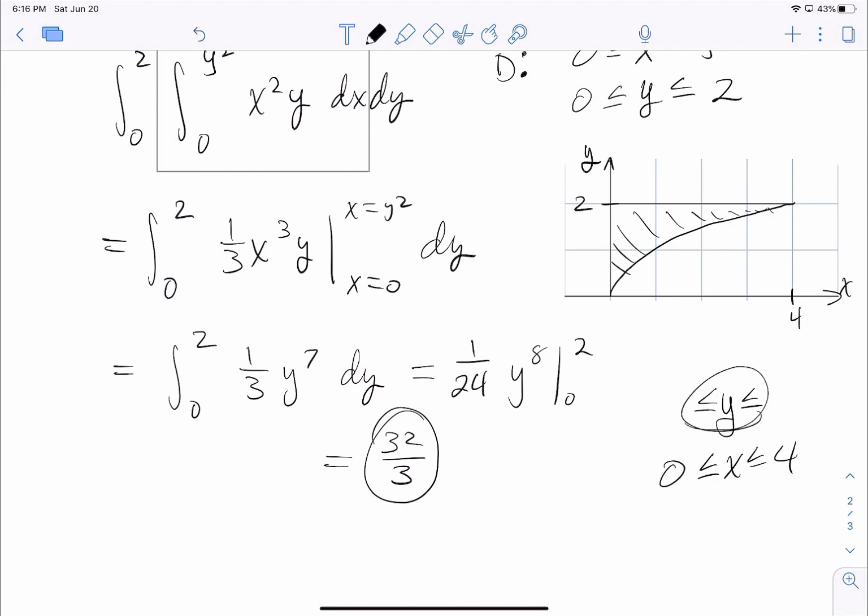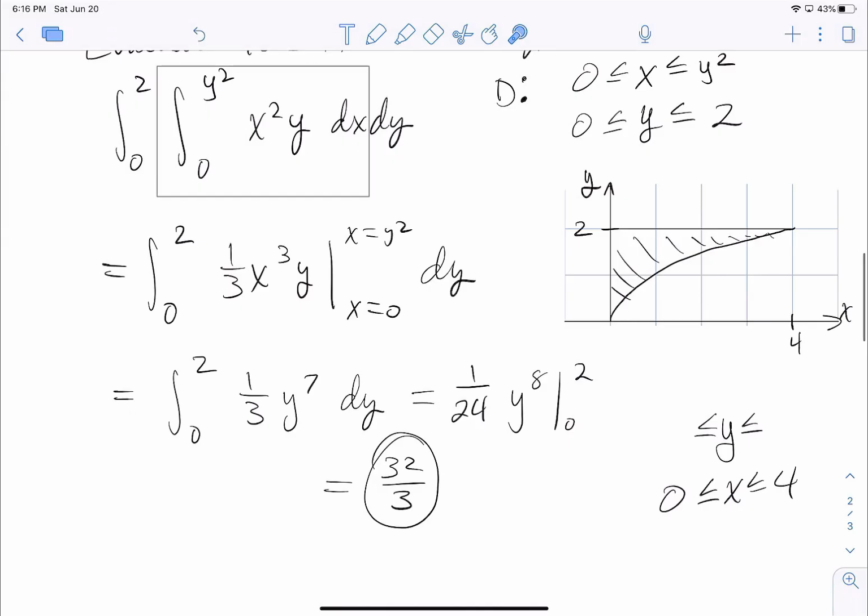Y in this region is going to go from the curve to the horizontal line y equals 2, and the curve was given by x equals y squared, which also means that this curve is y equals the square root of x, which is why it looks like the square root function, right? So y has a lower limit of the square root of x, an upper limit of 2.